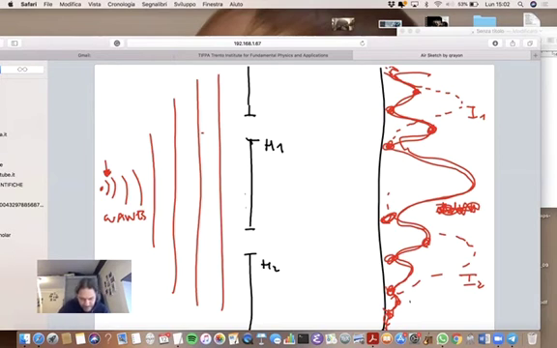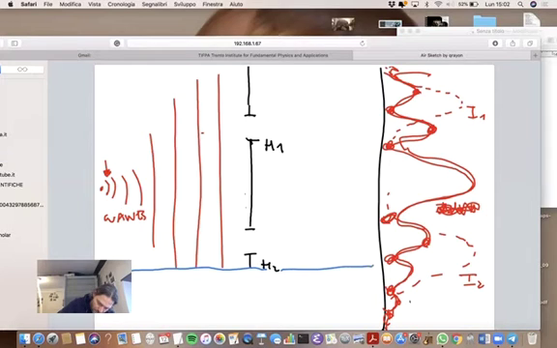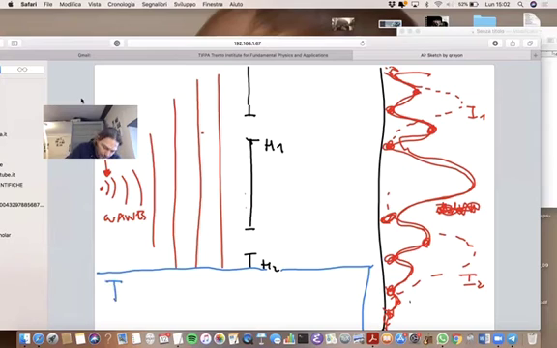So in other words, the second major difference with respect to the ballistic behavior is that the total intensity is not the sum of the intensity of the waves passing through each of the holes.